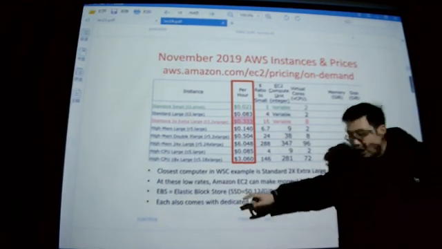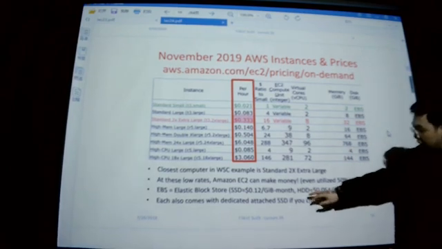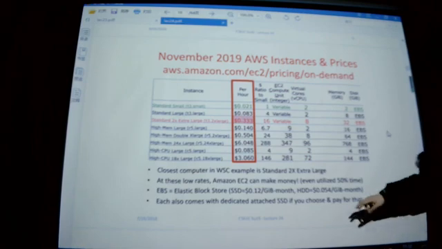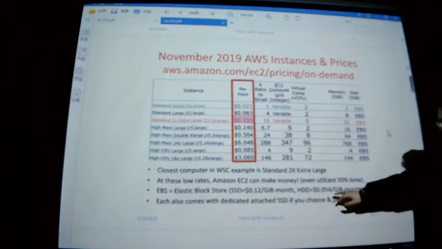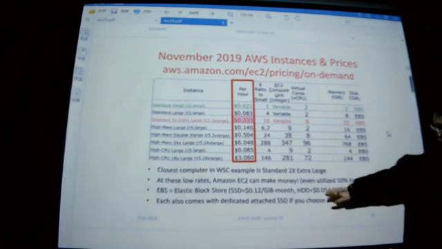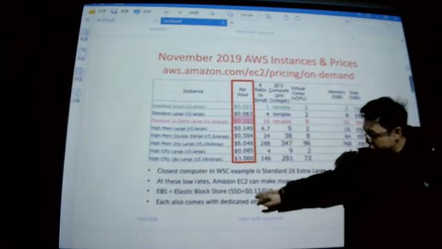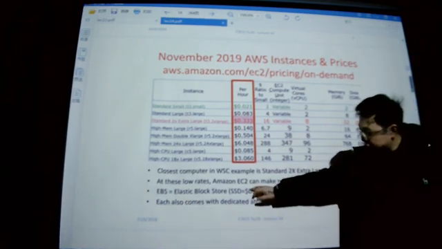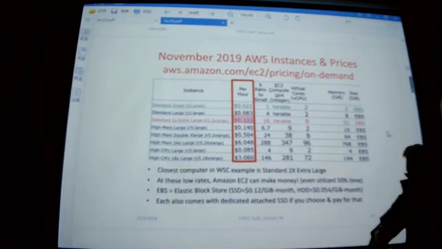SSD is solid state disk. We talked about it in the former class. HDD is hard disk. So you can find this is lower than this. This is very cheap. So we want this price, nearly this.